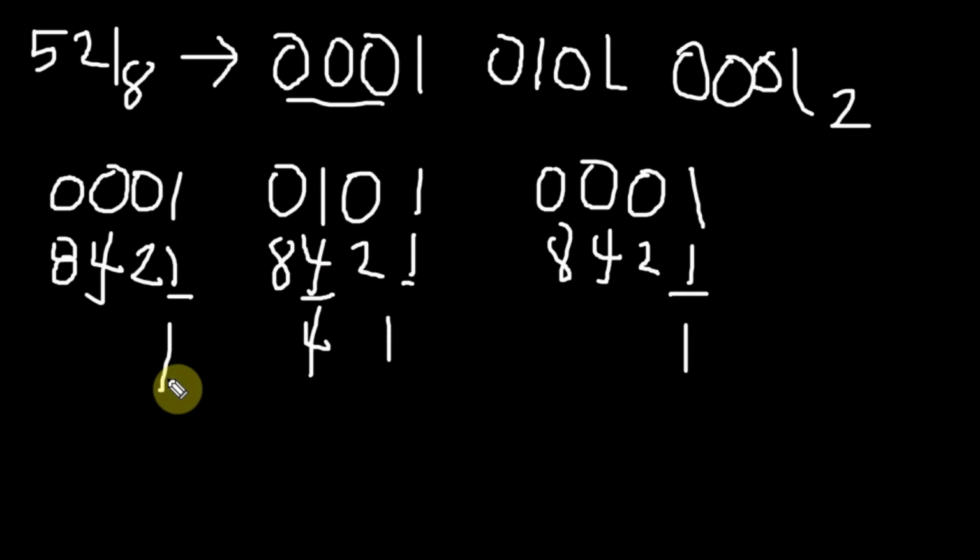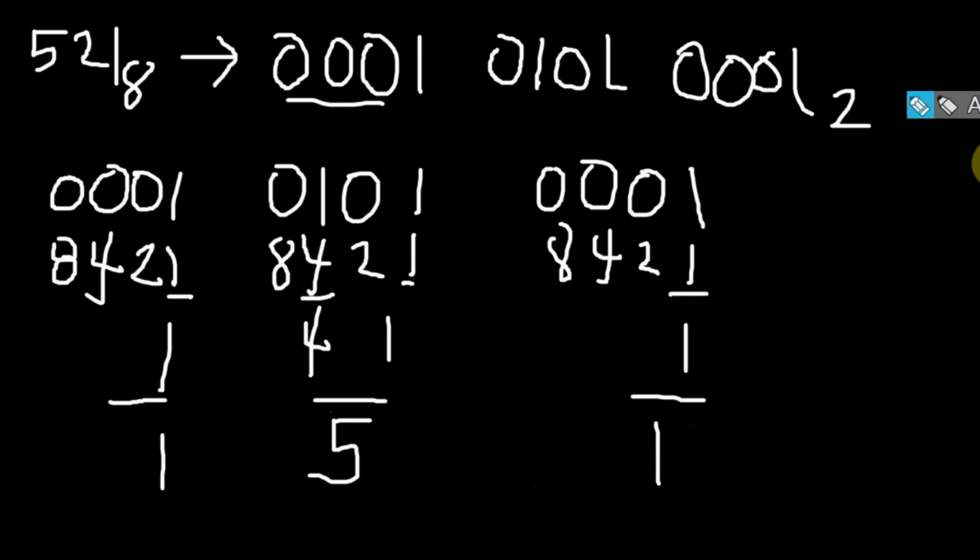And then from here, we add the numbers. This one doesn't have any numbers beside it. This one has, this one doesn't. So we'll add 4 and 1, that is equal to 5. This is 1, this is 1. So combine it together, that is 151.